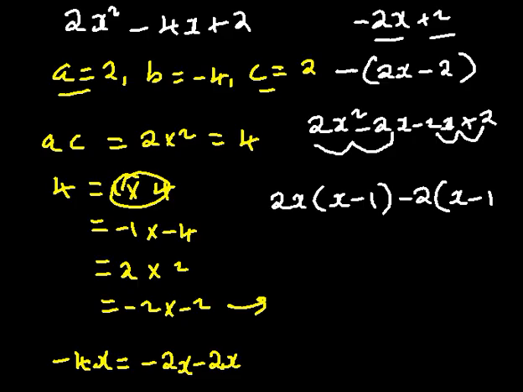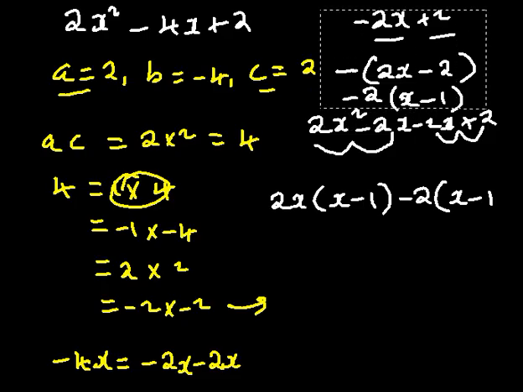And if we think of distributing the negative, we'll be back to this expression. So in this case, what is the common factor? We have positive 2, which gives x minus 1. So it is the same as that.